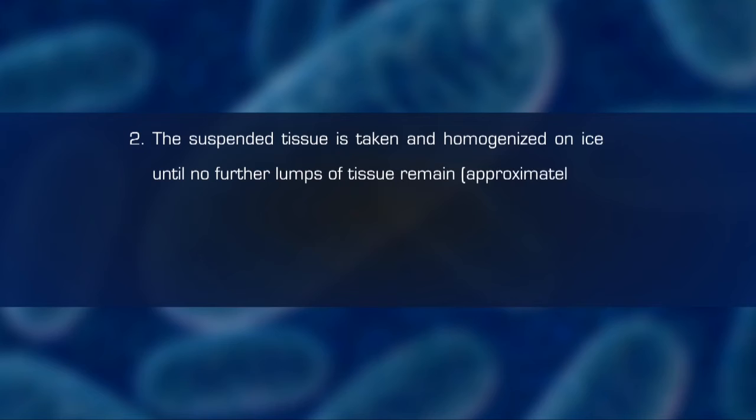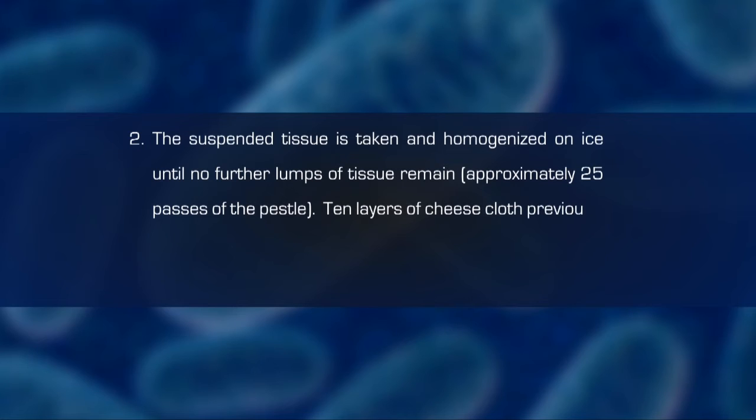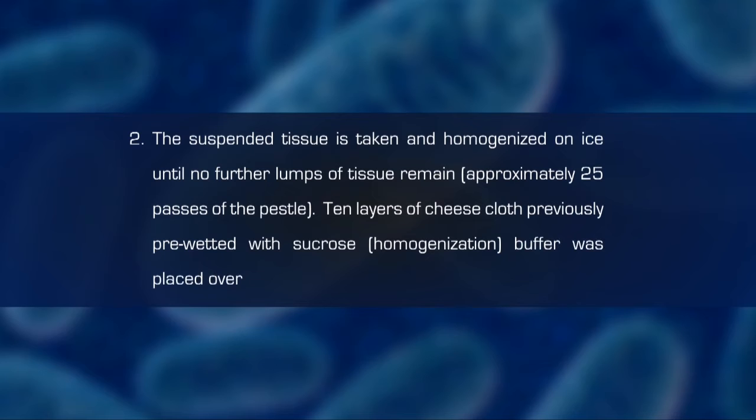In the second step, the suspended tissue is taken and homogenized on ice until no further lumps of tissue remain. Approximately 25 passes of the pestle may be required. A thin layer of cheesecloth previously pre-wetted with sucrose buffer was placed over a clean 100 ml beaker. The homogenate is passed through the cheesecloth into the beaker maintained on ice.